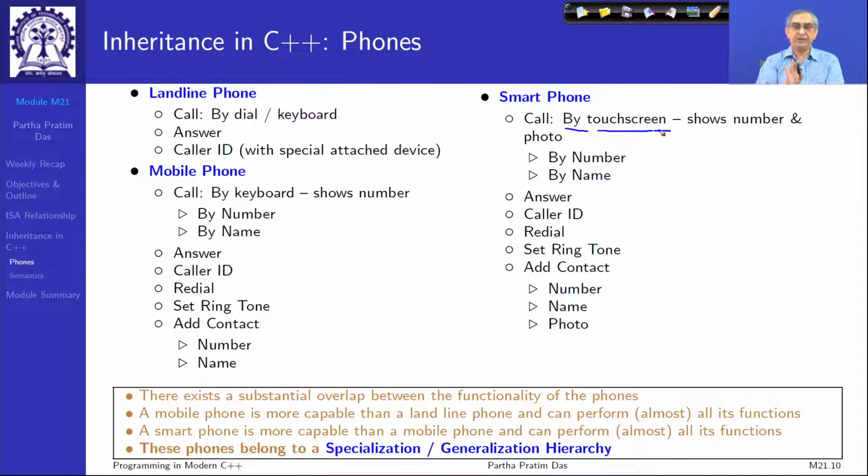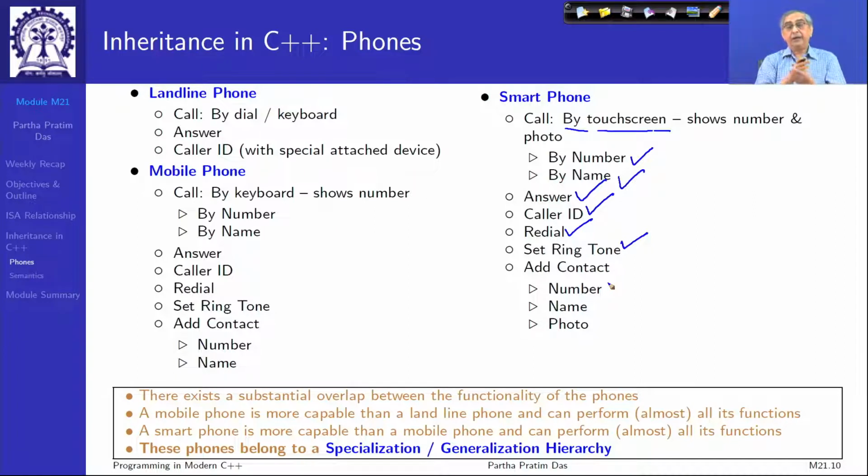It is just a touch screen where you can touch, or you can pick up a number by other means. You can call by number, by name, which you could do in a mobile phone also, but it gets easier. You can obviously answer, have caller ID, redial, set ringtone. All of these which you could do in the mobile phone, you can also do in the smartphone, but you do it in a somewhat different way.